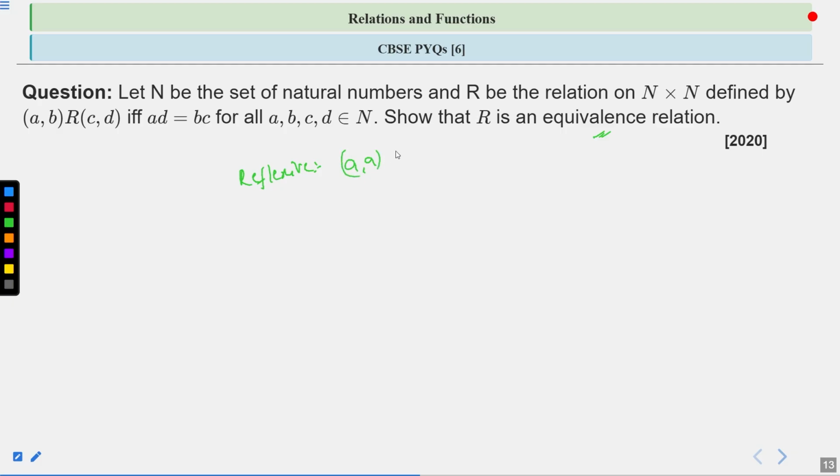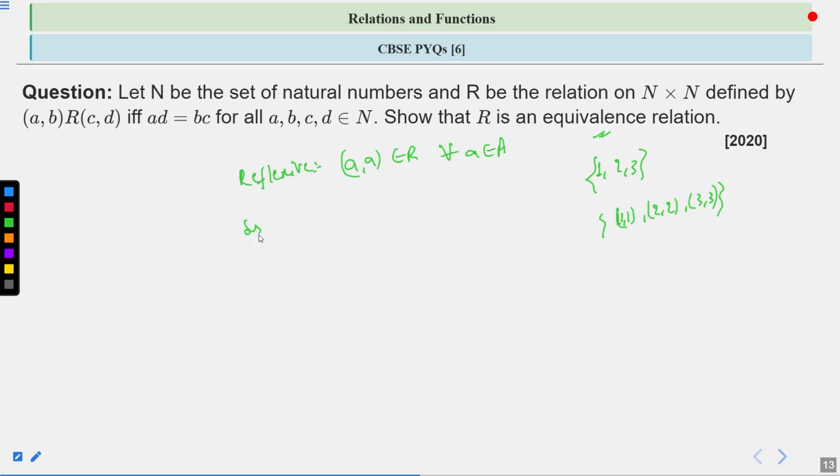(A,A) must belong to R for all A belonging to capital A. Suppose we have the set 1, 2, 3. Then for the relation from A to A to become reflexive, it must contain (1,1), (2,2), and (3,3). Clear? For the relation to be reflexive, right?